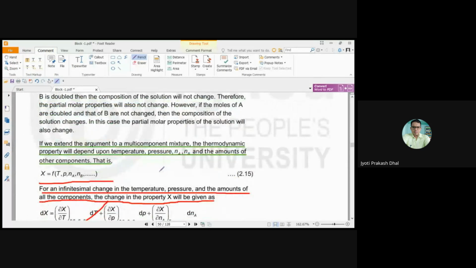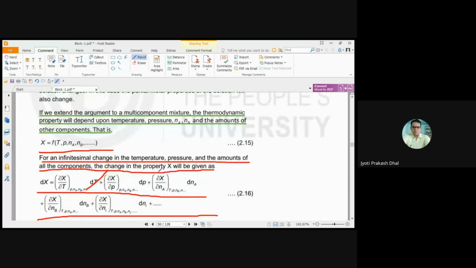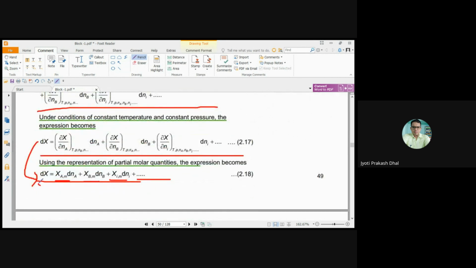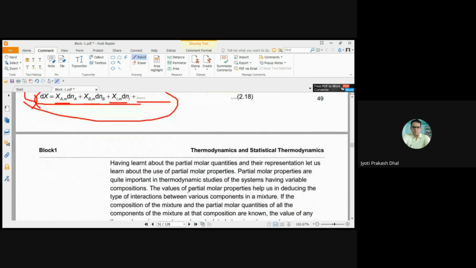So this equation represents the change of the value of the partial molar quantities at constant temperature and constant pressure for a multi-component system.